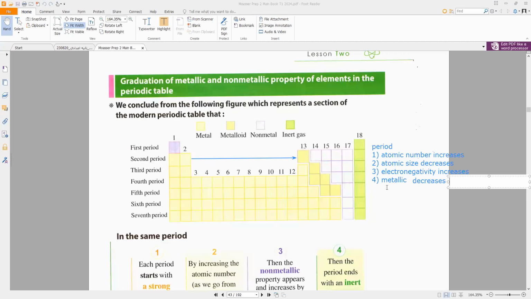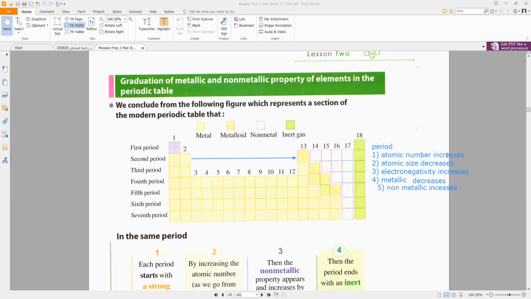So when the metallic property decreases, the non-metallic property increases. So number 5, the non-metallic property increases.